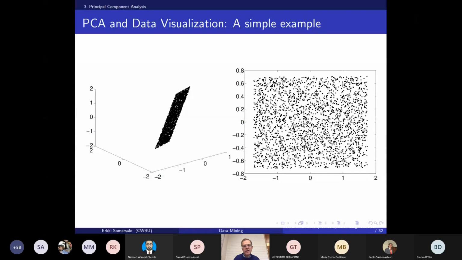And the spread in the second direction is smaller, from minus 0.7 to 0.7. So you see that indeed the x-axis corresponds to the first principal component because the spread is largest, and the second one corresponds to the second principal component because the spread is slightly smaller.